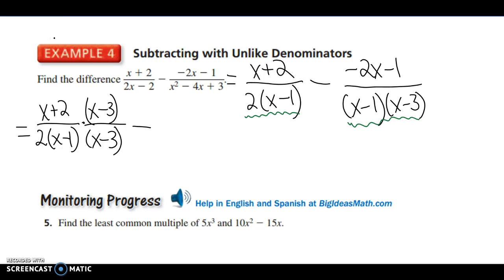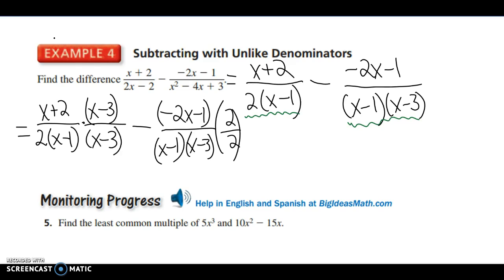And then minus negative 2x minus 1 over x minus 1, x minus 3, times 2 over 2, because I'm just missing the 2. So I can rewrite this as one fraction, and then we'll simplify.